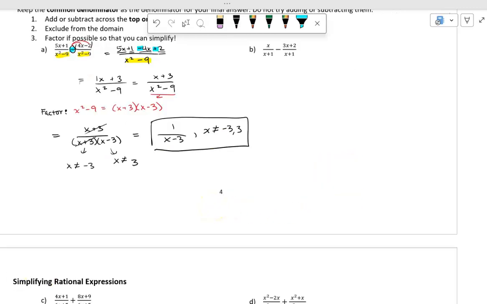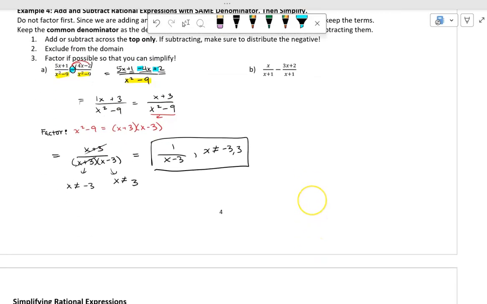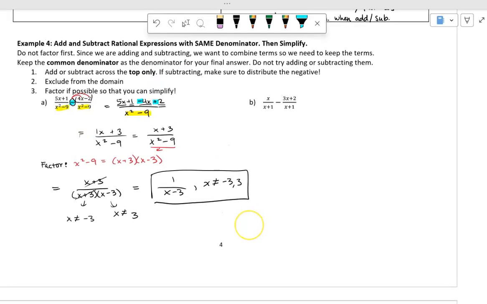I'm not going to do any more from example 4. You can rewind if you need to. Follow the steps that I gave you because they're listed at the beginning of example 4. For every problem though, you'll see that you have a common denominator already.